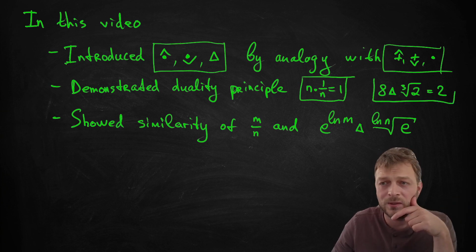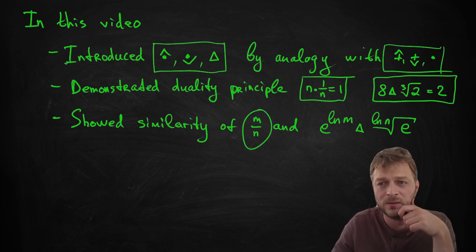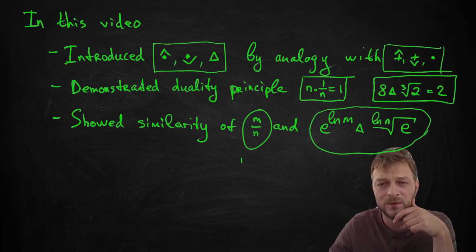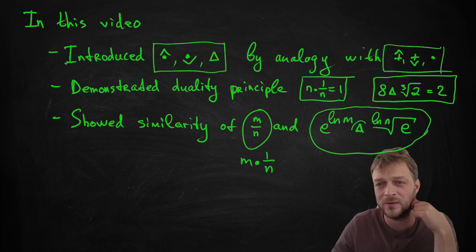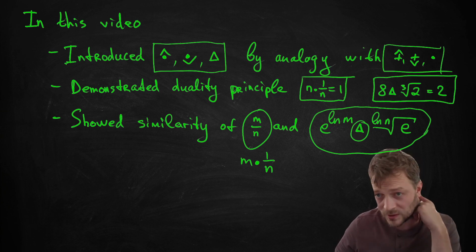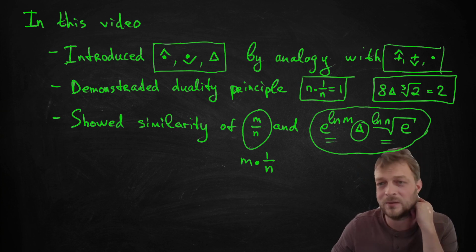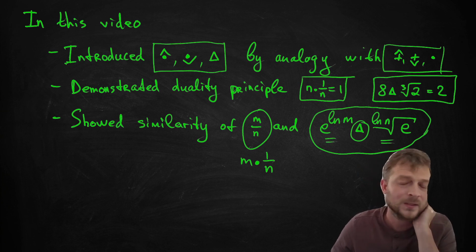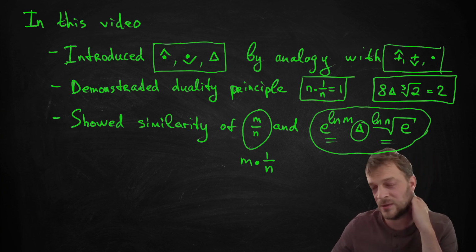So this is the duality principle, and we showed similarity of fractions with complexes built. So just let me explain. Fraction is something built around the multiplication operation, and in our case we built around the triangle operation, and on this side we have irrational numbers, and here we can have just natural numbers. So we showed complete equivalence or similarity between these two.